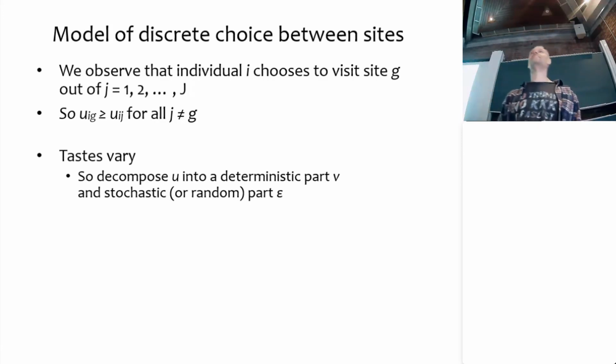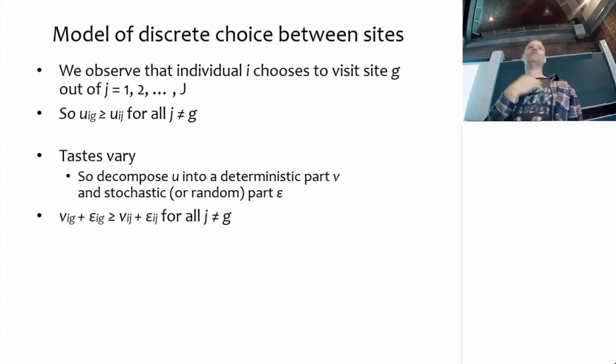Now, they may have had all sorts of reasons to do this. So what we want to do is sort of have a deterministic part, and we call that V, structural reasons why people are in Preston Park rather than in Stanmer Park. But tastes vary, people may have different preferences for things, circumstances may vary. So we also have a stochastic or an idiosyncratic part, and we call that epsilon.